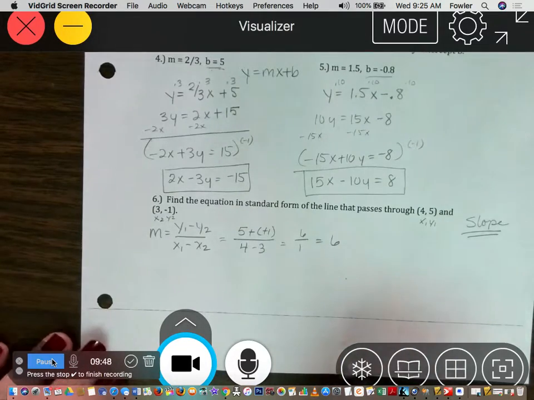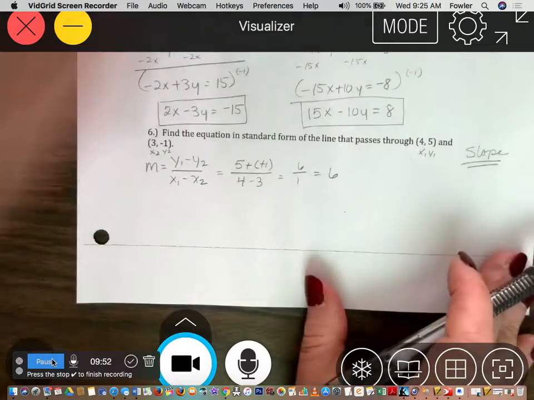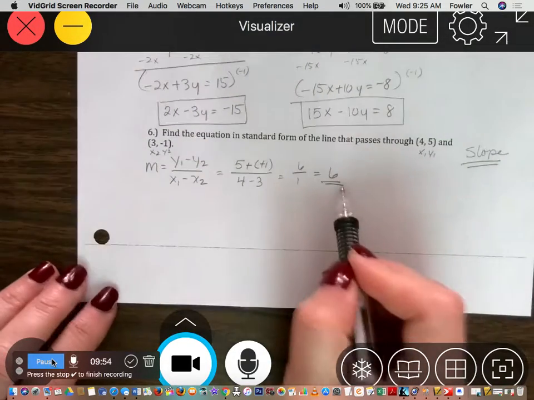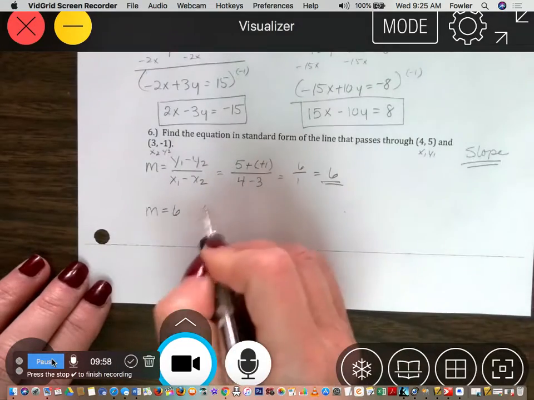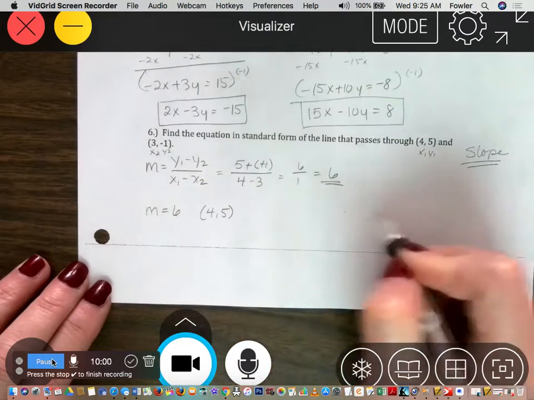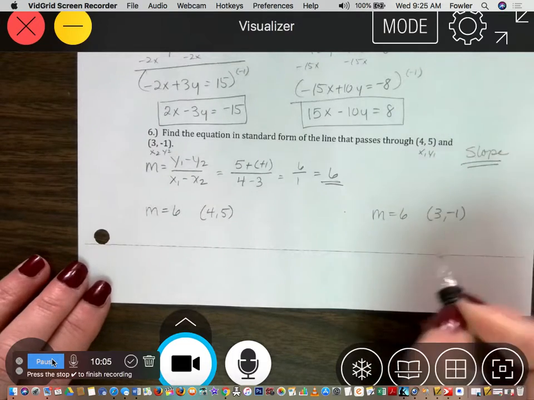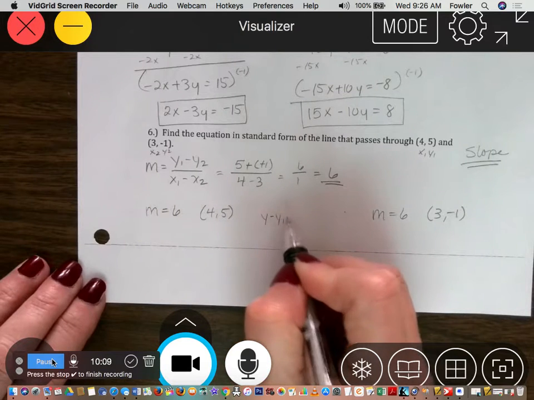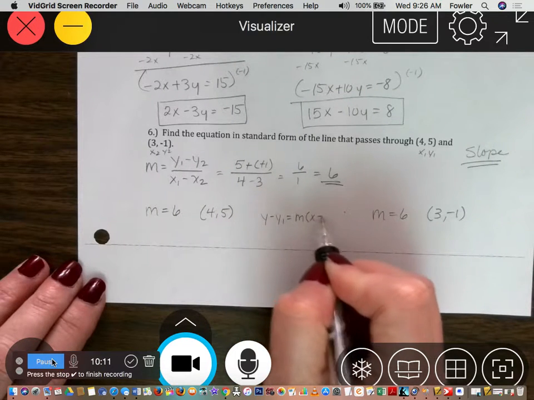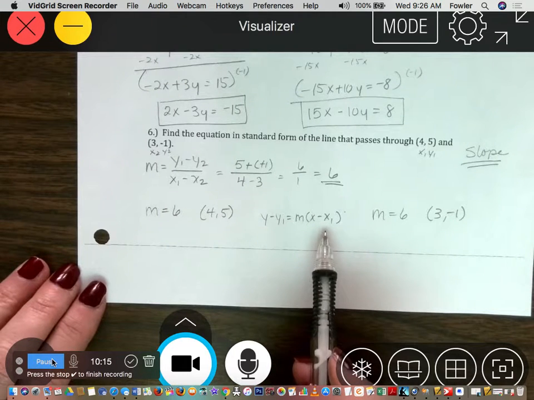Okay, here's kind of the nice thing about this type of form: you can either use your slope being 6 and the first point (4, 5), or you can use your slope being 6 and the second point (3, -1). You can choose, or if you want to use both of them, you will end up with the same answer because we're going to use our point slope form.